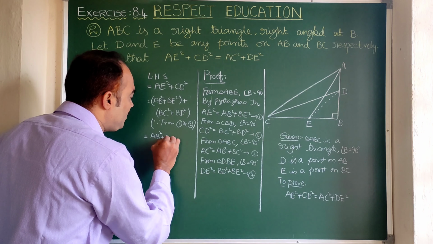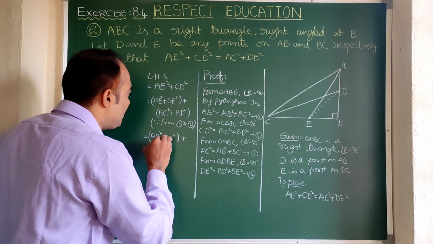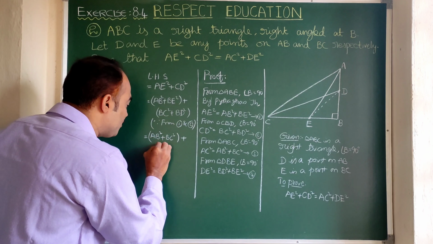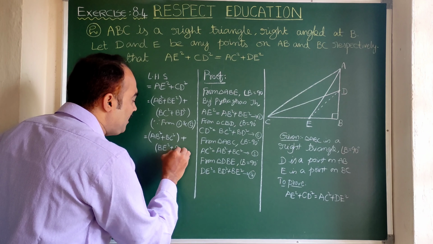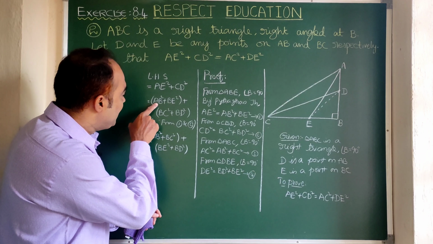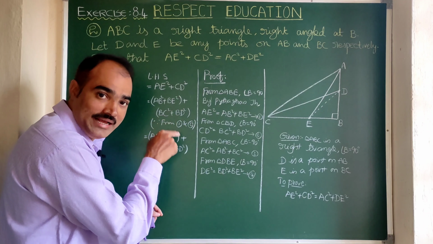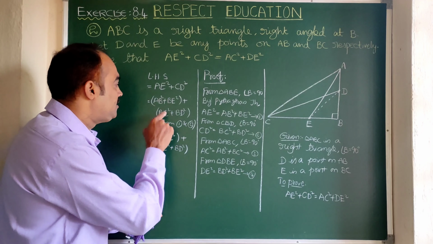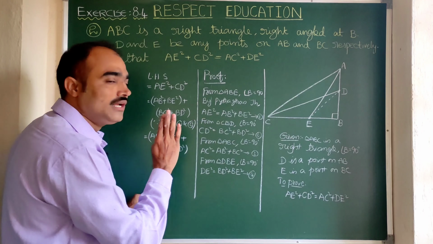So AB square plus BC square, I am keeping this in a bracket, plus BE square, and BD square I maintain as it is. Just observe, I am writing AB square plus BE square plus BC square plus BD square as AB square plus BC square written together, plus BE square plus BD square written together. These two steps do not have any difference. Both are absolutely equal.